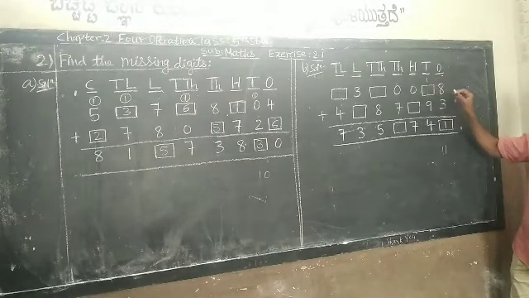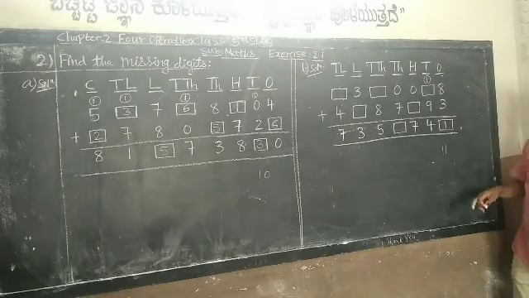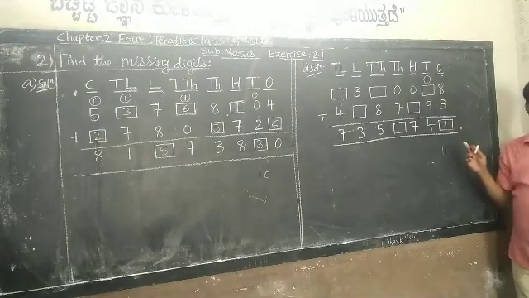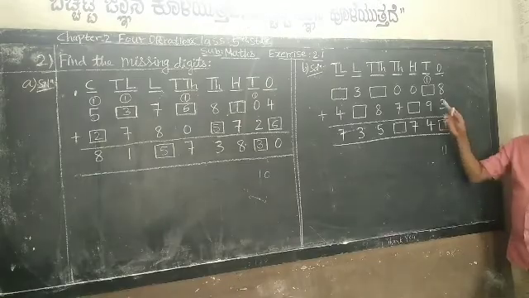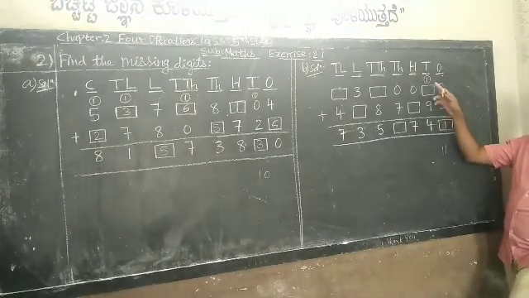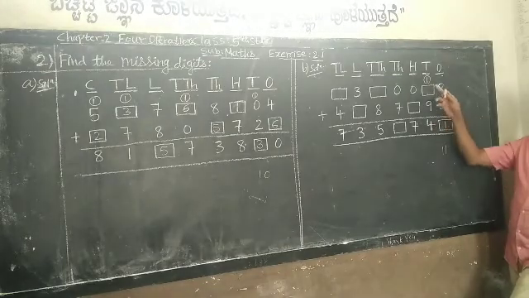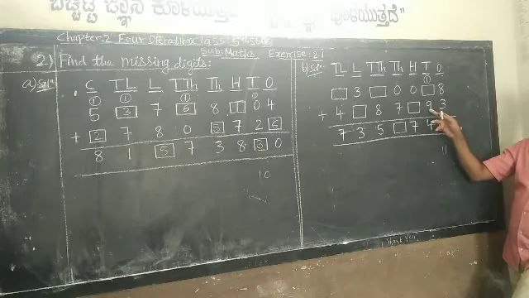Don't put it in the box. Understood? This one is a carry. Don't write it in the box. You will get a wrong answer. Understood? So 1 is carried here. Next, what are the addends? 1 plus dash plus 9 is equal to 4, they have given. So already 1 plus 9 means 10.